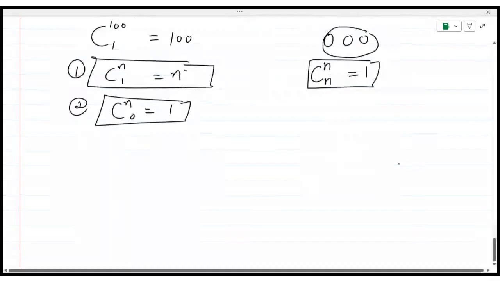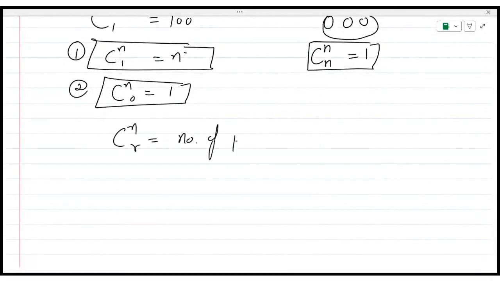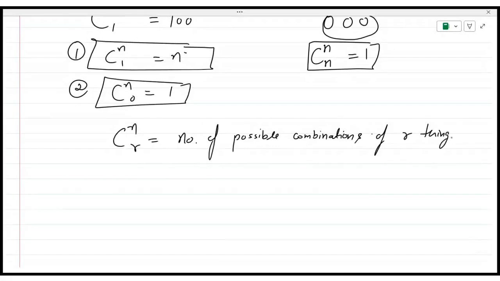So NCR tells the number of possible combinations of R things out of n things. Means total there are n things and we are choosing R at a time. Then how many different combinations or ways are possible? That is given by the combination.